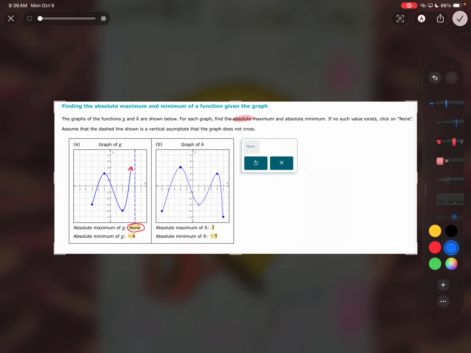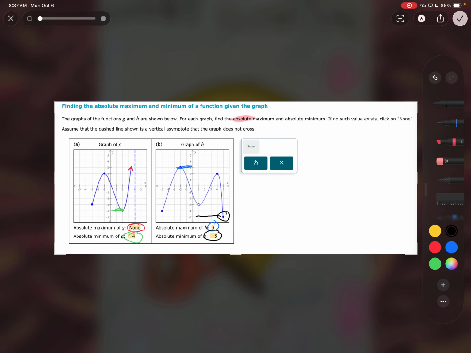The minimum, the lowest point of this graph would be right here, right? And it is -4. On the other one, my maximum is the highest one, which is 3. And my minimum would be right here at -5.